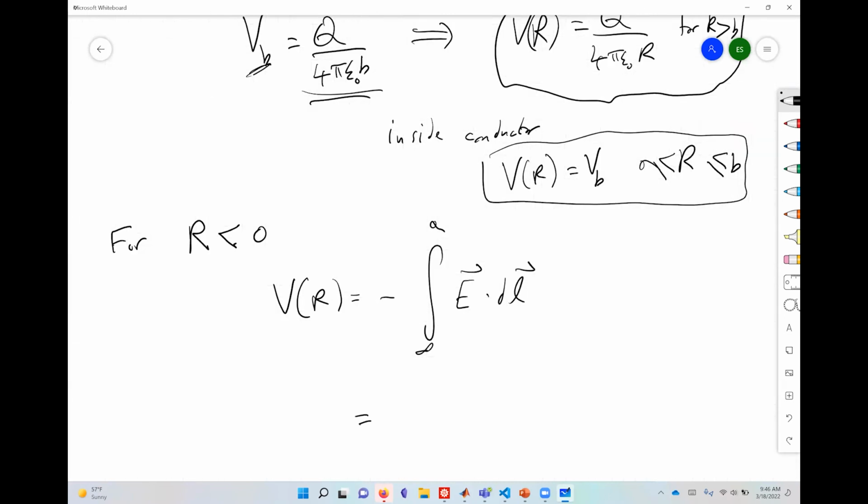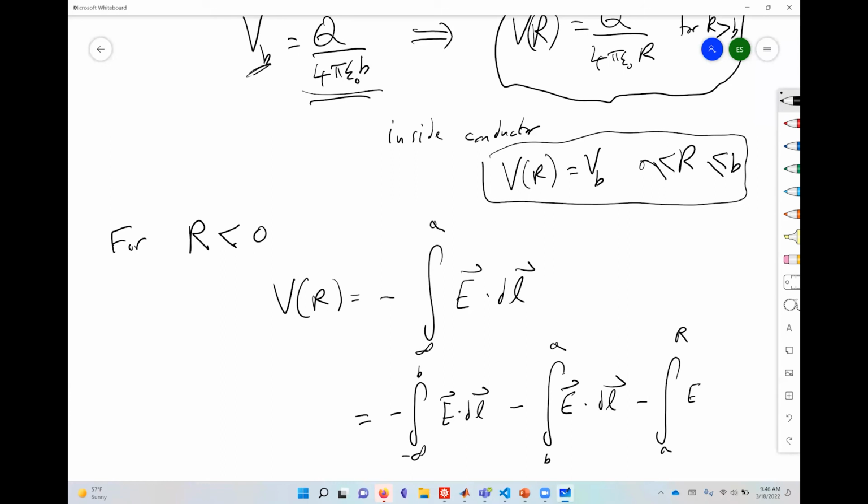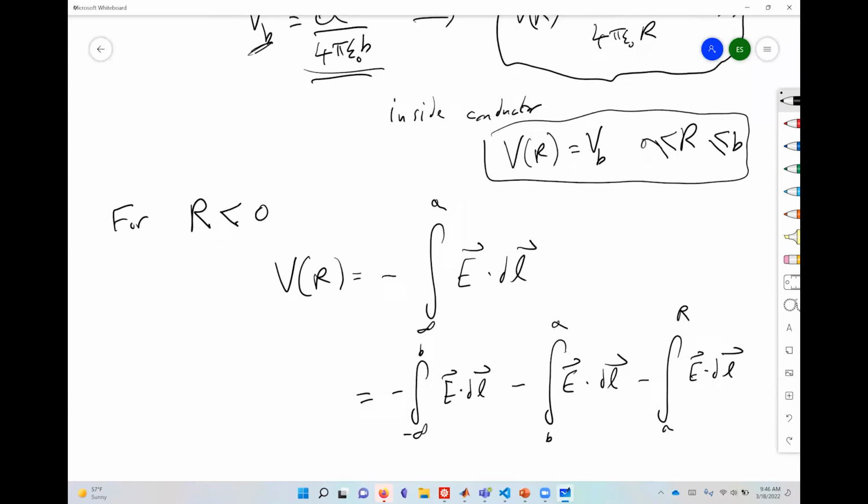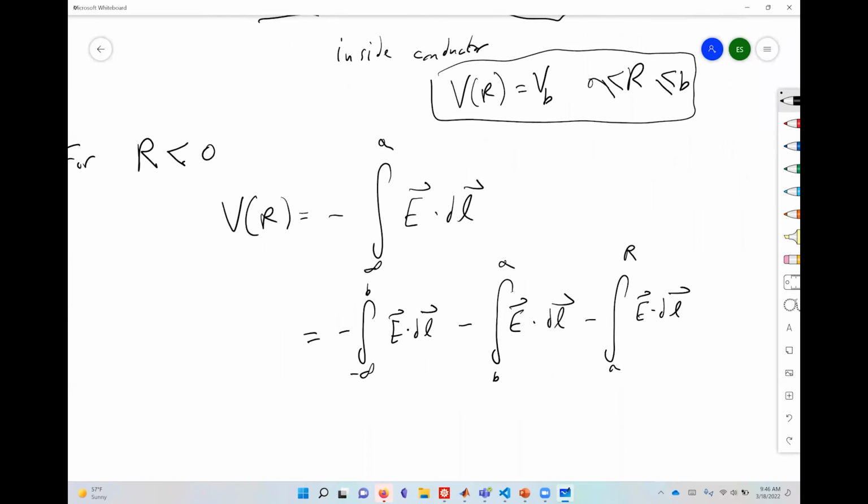So I can divide this as going from infinity to B, E dot dl, minus the integral going from B to A, E dot dl, and then minus the integral going from A to R, E dot dl. B to A is inside the conductor, so this is 0.